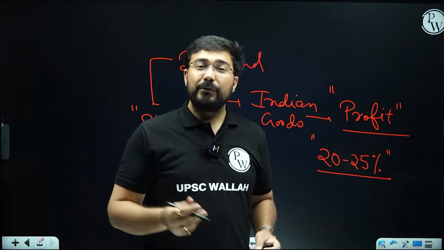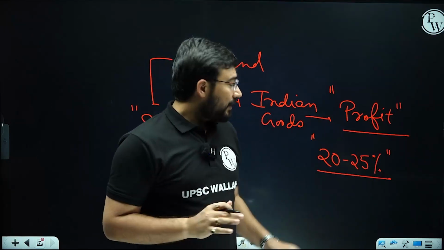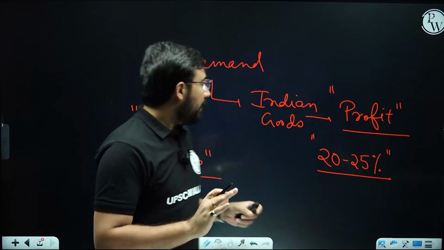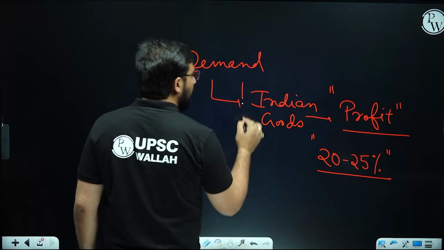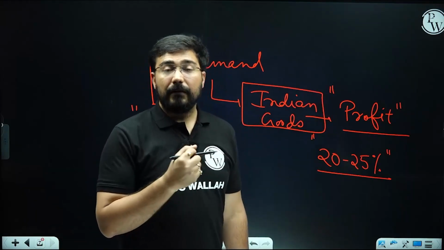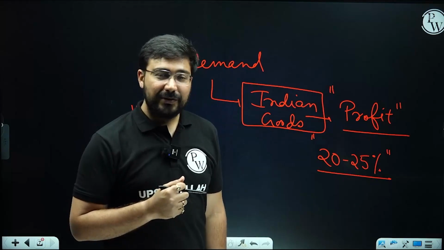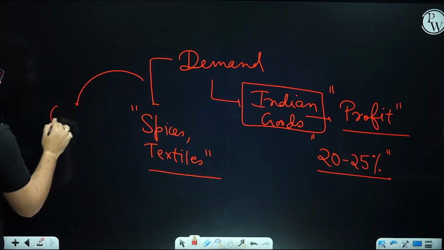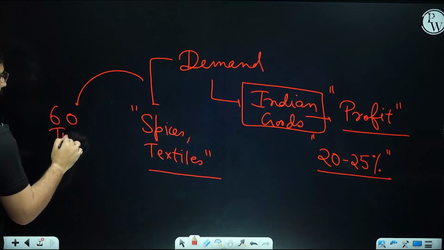Today it is hardly 2 to 3%. In those times it was around 20 to 25%. So Indians had very big economic prowess, and people had lots of demand for Indian goods. As a result, when Vasco da Gama came to India, he made 60 times profit.